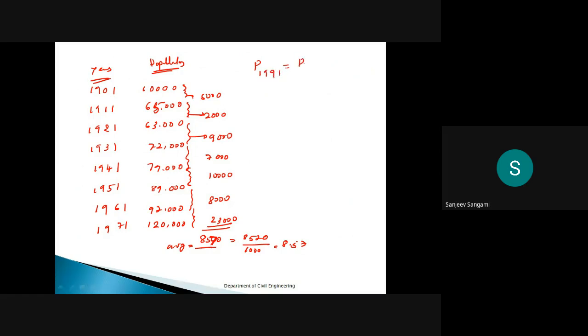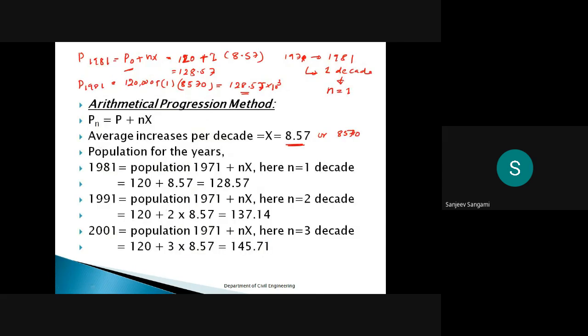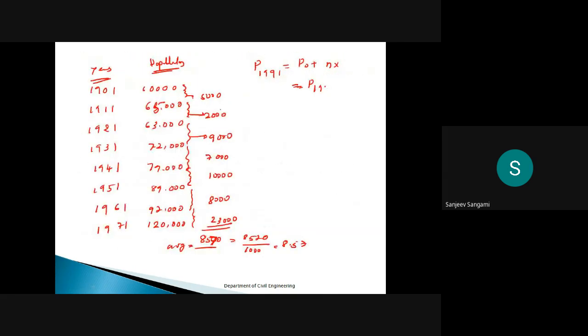Then P0 will always be constant, that is the population at 1971, the last known population, 120, plus N. See, from 1971 to 1991, the decades will be 2 decades. So then N will be 2. Then X will always be constant, that is 8.57.